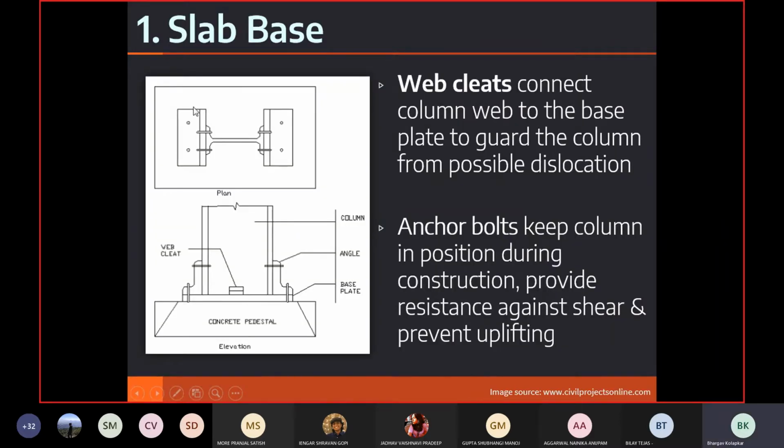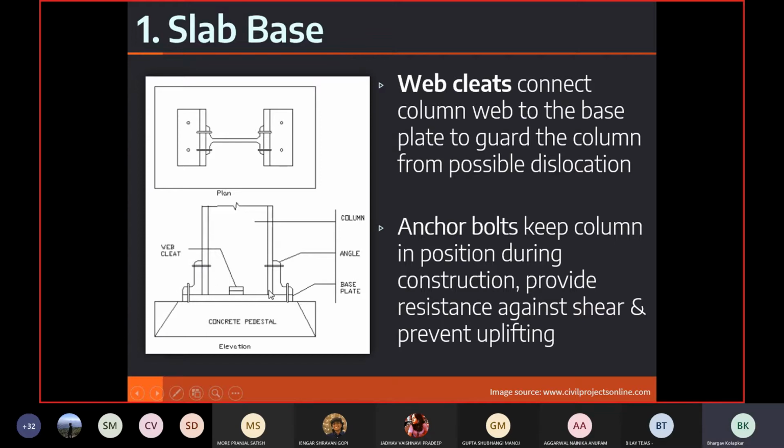If I have to show it in plan and elevation, this is the plan. This is our base plate, this is our I section, and these are our angle members. We bolt the flanges of the column to the angle sections, and then we also bolt the angle sections to the base plate.